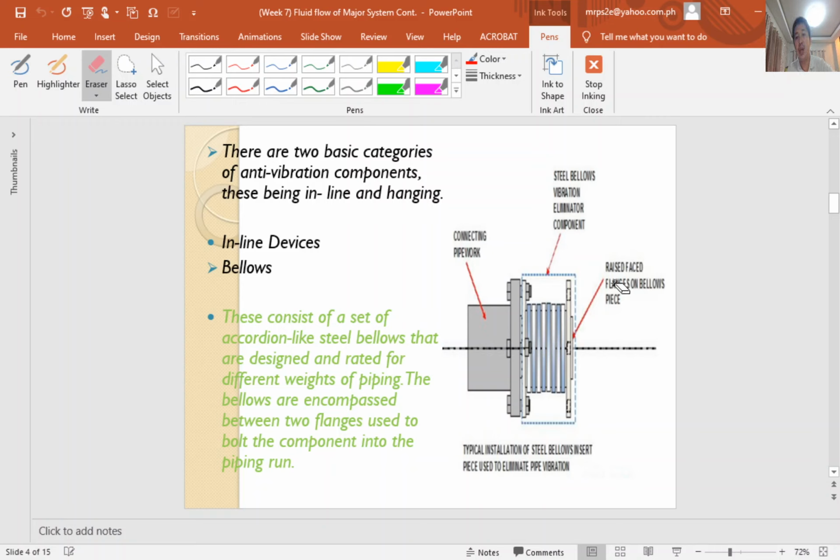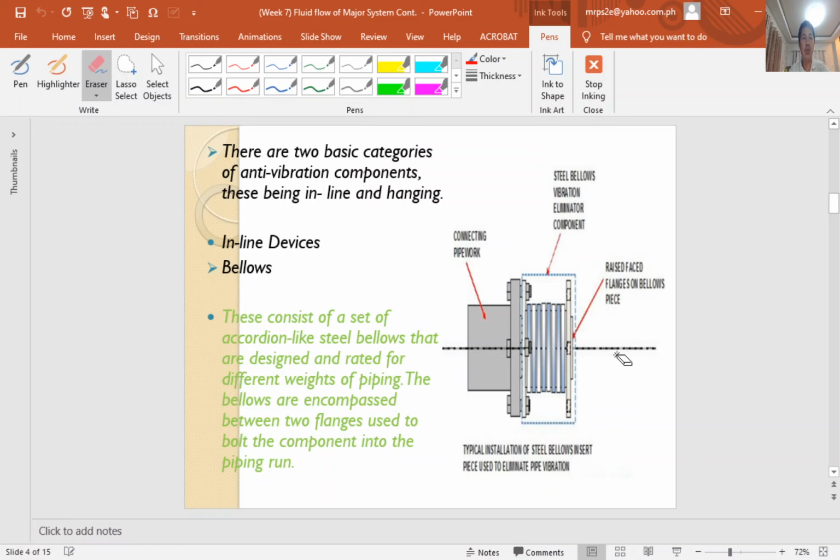So we have here the raised face flanges on the bellows. During ship vibration, for example, the vibration of the ship due to big waves or rough sea, there's a lot of vibration, and also during maneuvering, during arrival in port and departure from port.